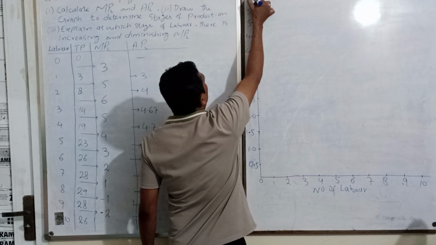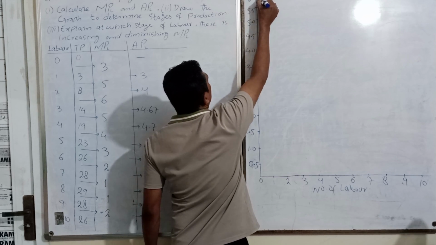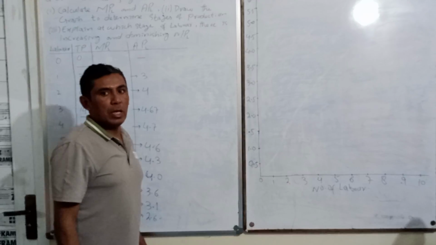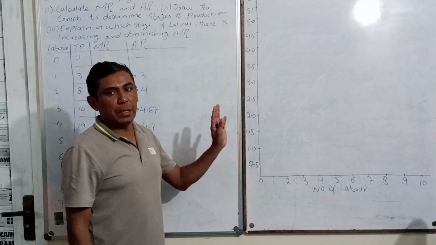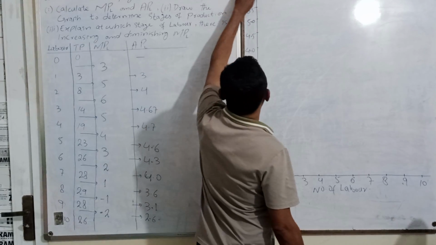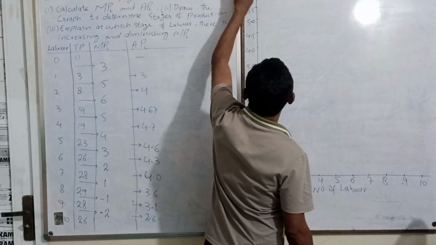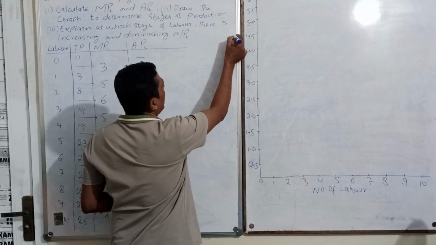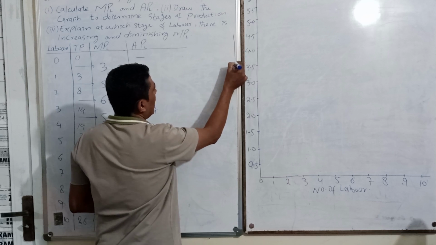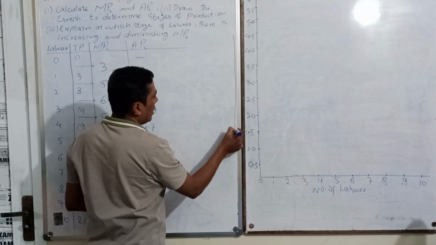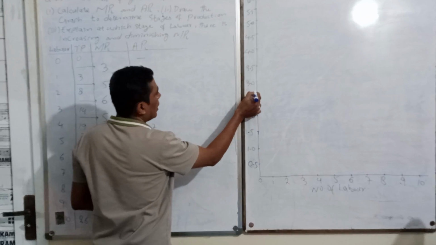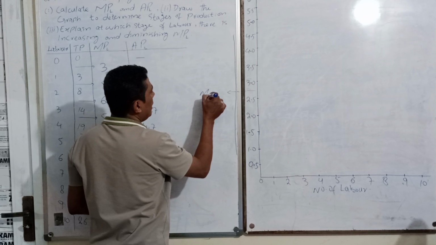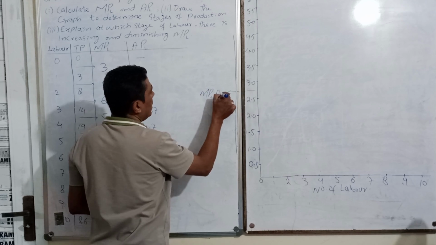So here it is MPL and APL. I think it will not be visible, so I am just going to mention here that these scale values are for MPL and APL.